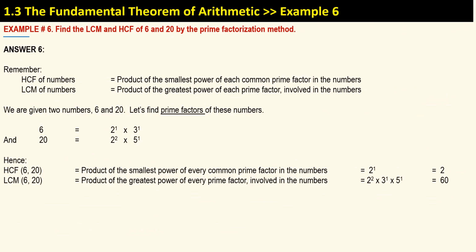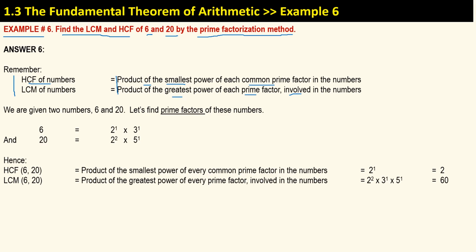Let's now talk about example number 6, which says find the LCM and HCF of 6 and 20 by the prime factorization method. We know that the HCF of numbers is equal to the product of the smallest power of each of the common prime factors in those numbers, and the LCM of numbers is equal to the product of the greatest power of each of the prime factors involved in the numbers.